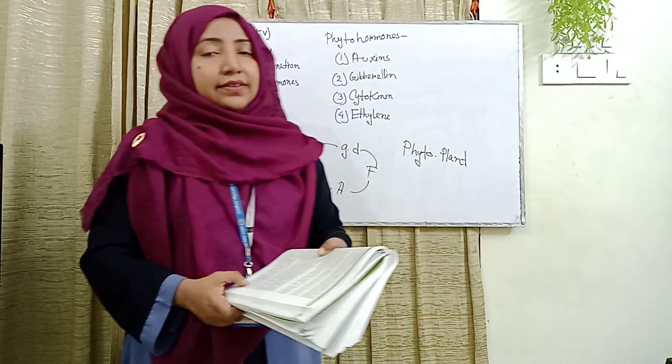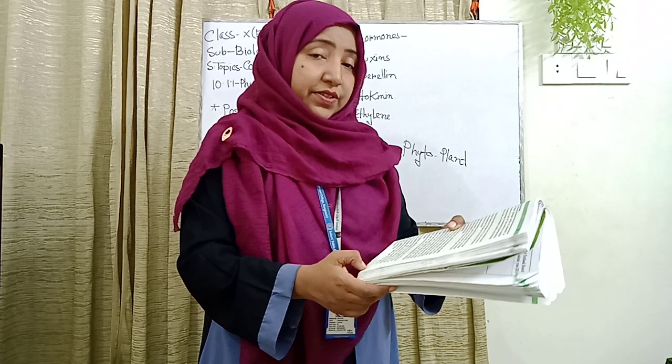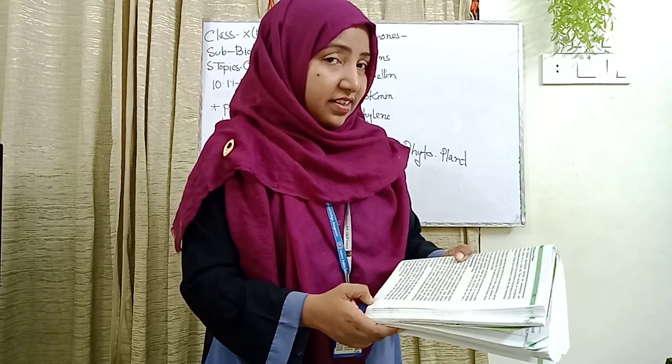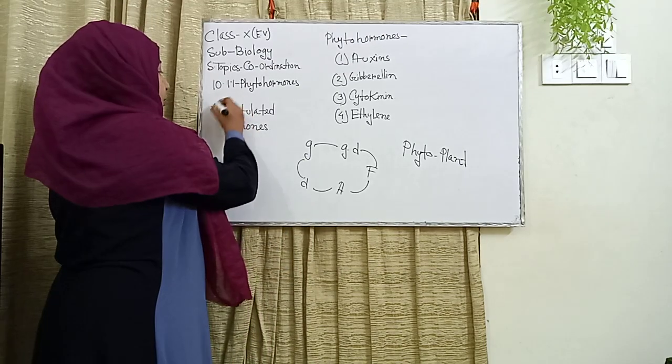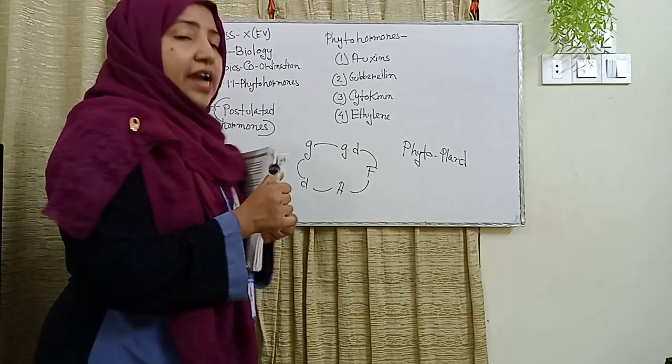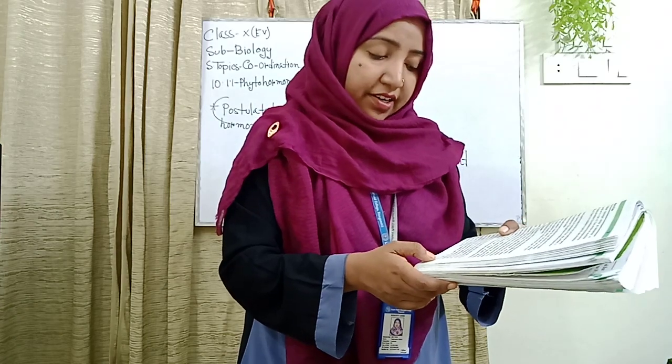Next, other than the hormones mentioned above, there are some other hormones which could not be separated or identified. They are called postulated hormones. Postulated hormones are those whose place of origin is not identified. Basically, the postulated hormones are florigen and vanillin.